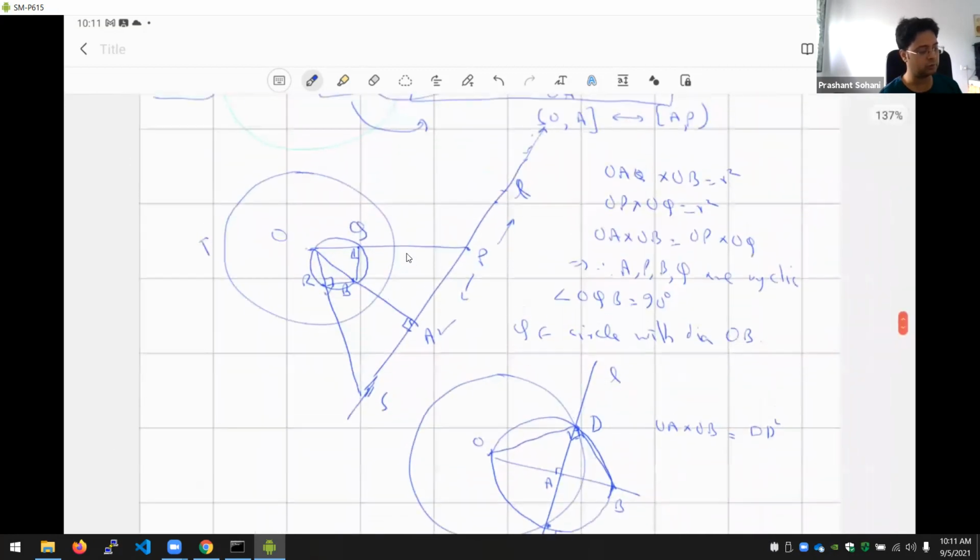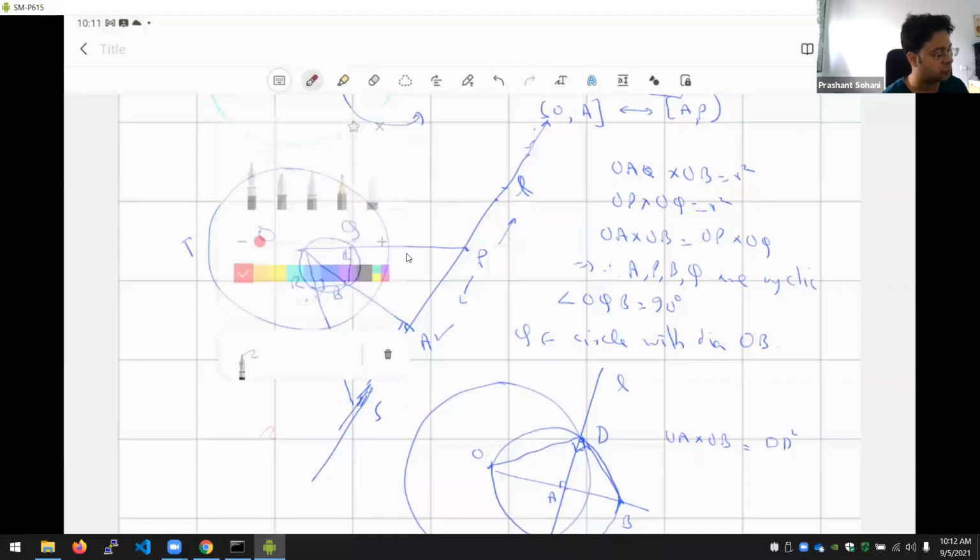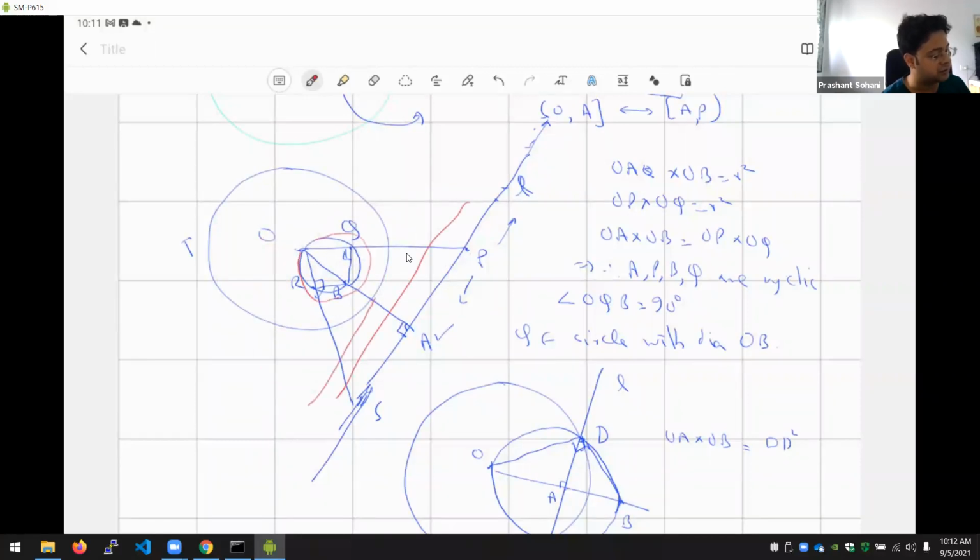What I want you to start to do is visualize how, when I move any object in the plane, its inverse image also moves. So when this line L was outside the circle, the inverse was like this. As the line starts moving closer and closer to the circle, this inverse circle also grows in radius. When this line L touches the circle, so it is tangent at a point, then the inverse image is also tangent at the same point.